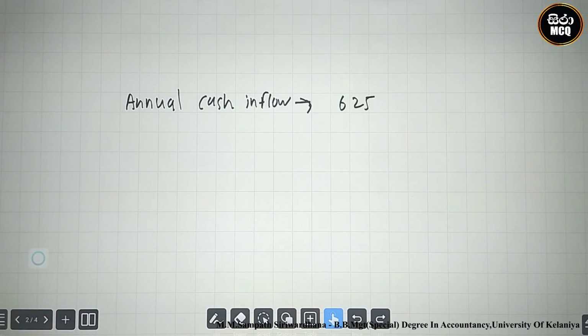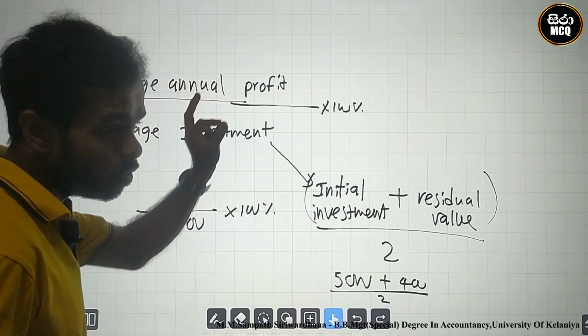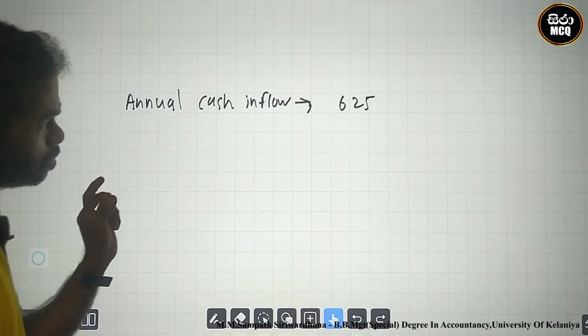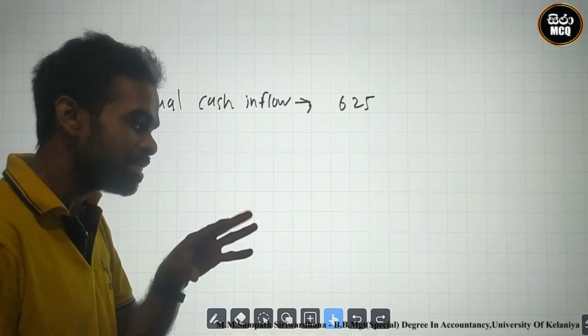We want to convert it into annual profit. How can we calculate profit using this?